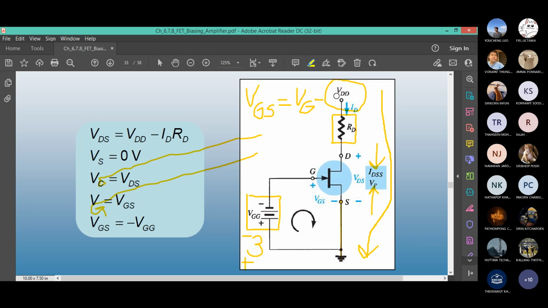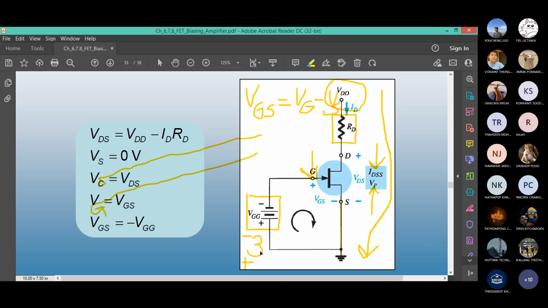VG minus VS. What was VS? It is 0. So this term is 0. So in this case, VGS and VG, they are the same at this point. Okay.